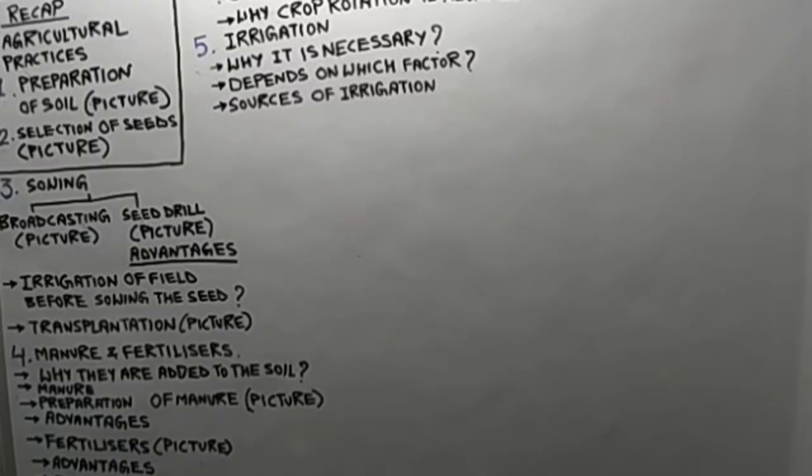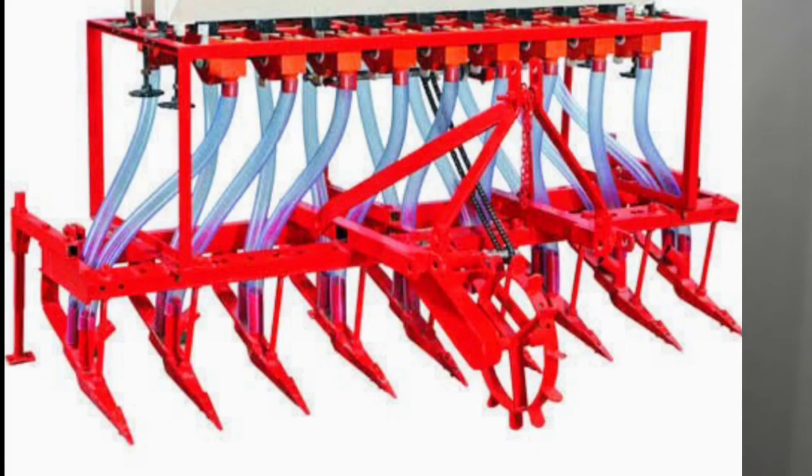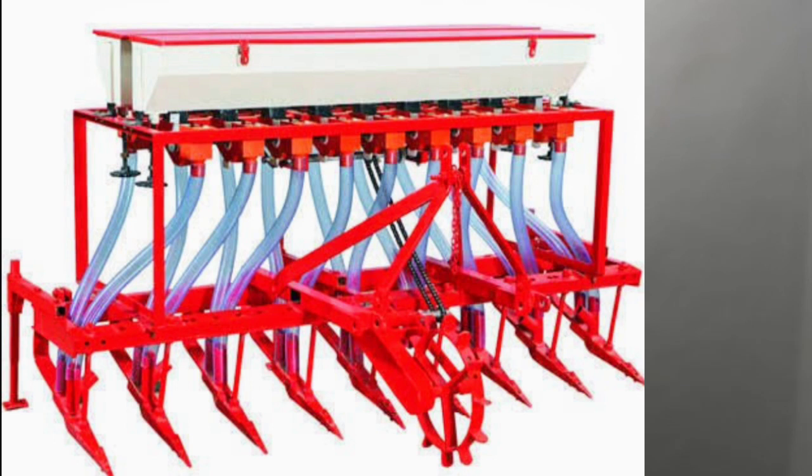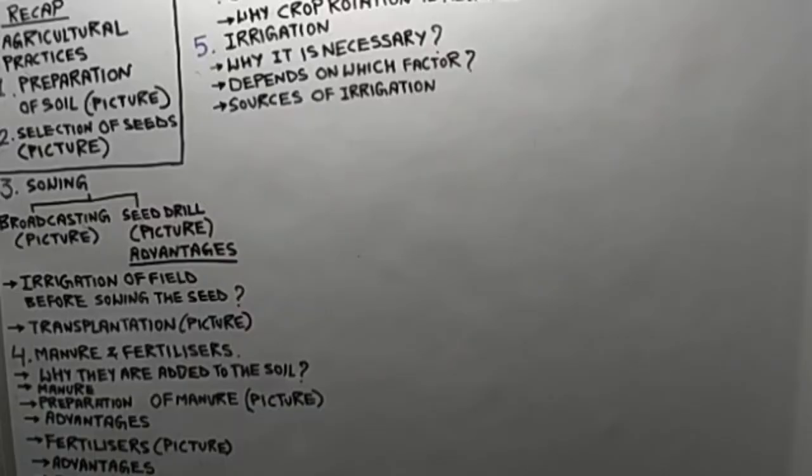But in the case of tractor driven seed drill, it has 5 to 6 long iron tubes which are attached to a common funnel, and the seeds are gradually released into 5 to 6 rows of soil simultaneously made by plough.